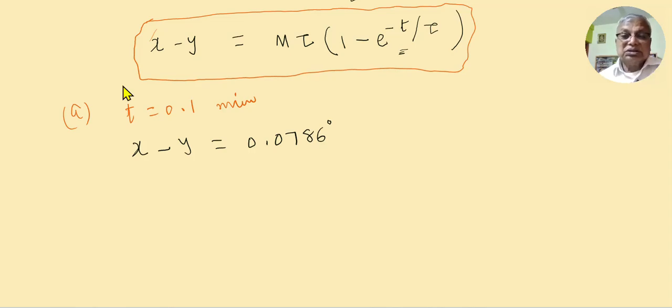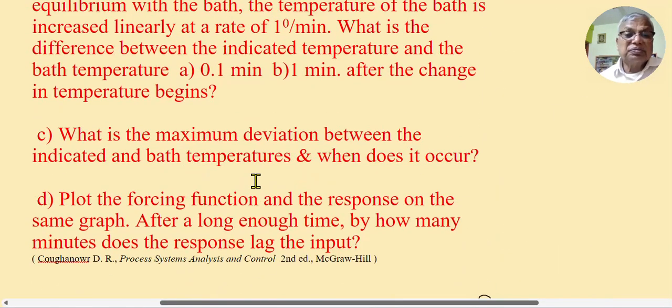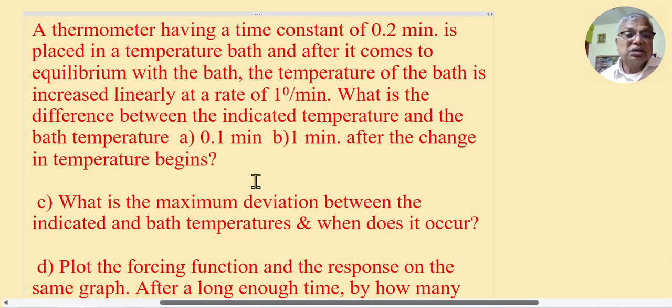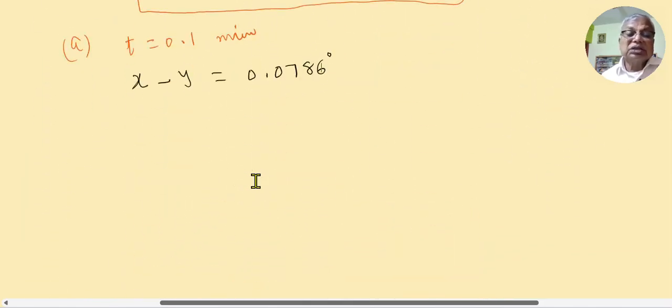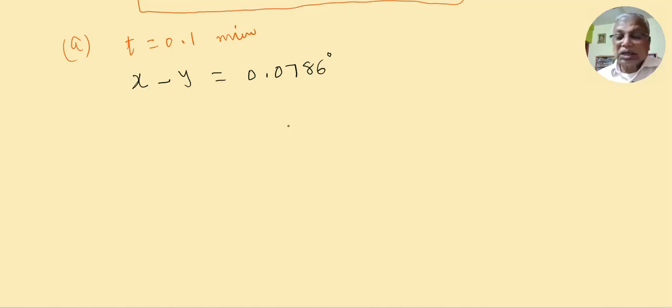Is this Celsius or Fahrenheit? The unit of temperature is not mentioned in the question. So okay, leave it. The difference is 0.0786 degree. So at 0.1 minute, the difference between indicated temperature and bath temperature is 0.0786.